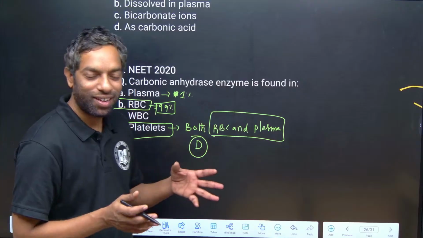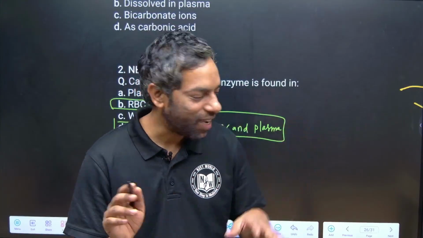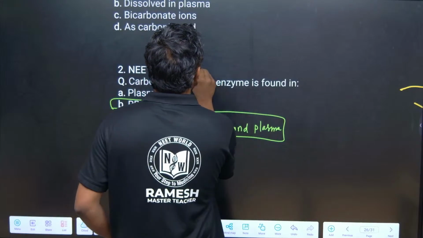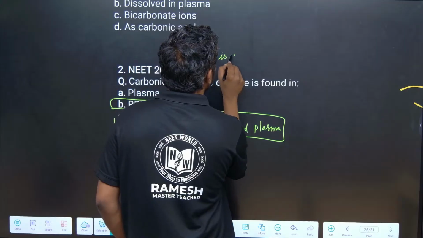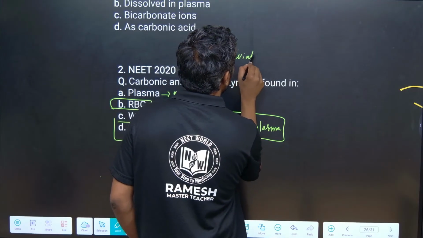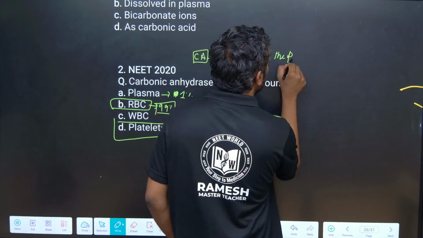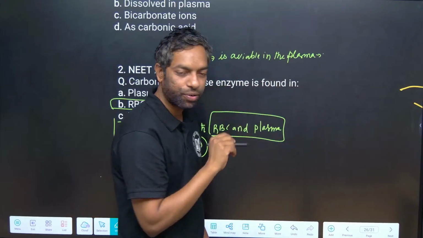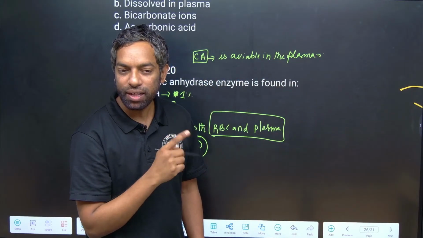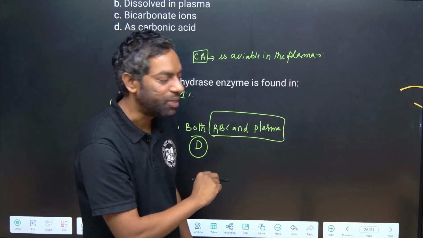Because the carbonic anhydrase is available in the plasma, there is a question: why is the reversible reaction not taking place in the plasma instead of RBC?